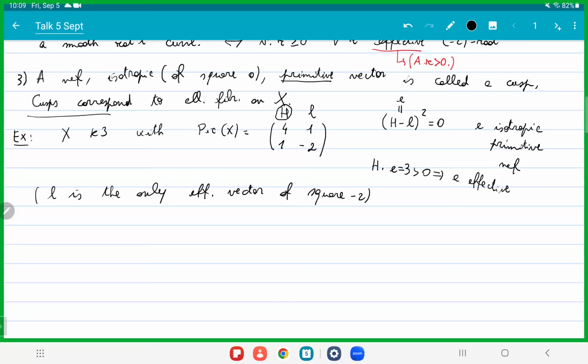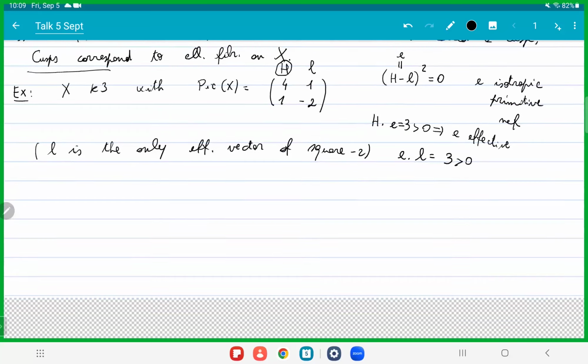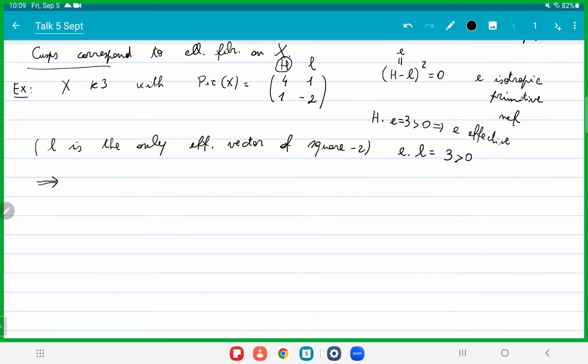So Neffness can just be checked by computing the intersection number with L. And E dot L is 3, right? 1 plus 2. So it's positive. So we have an isotropic primitive Neff vector. This means that E corresponds to an elliptic fibration.